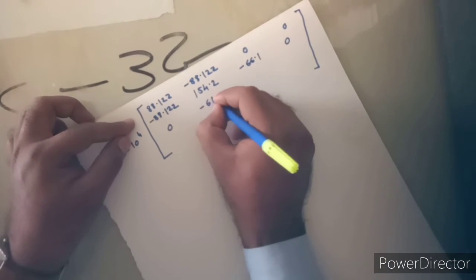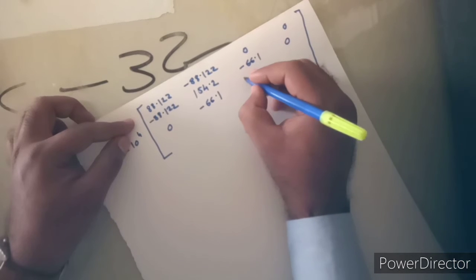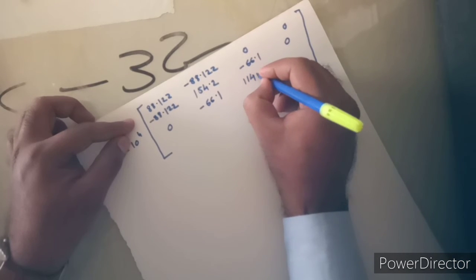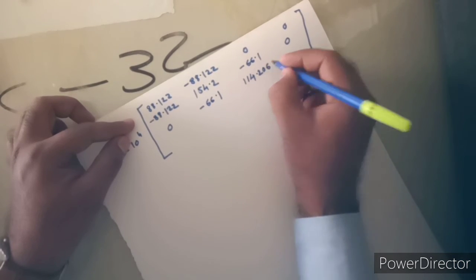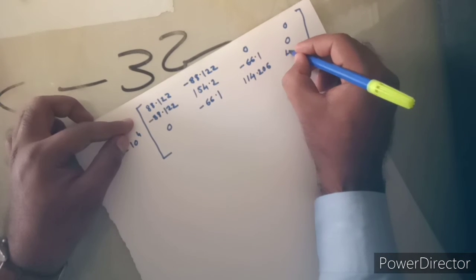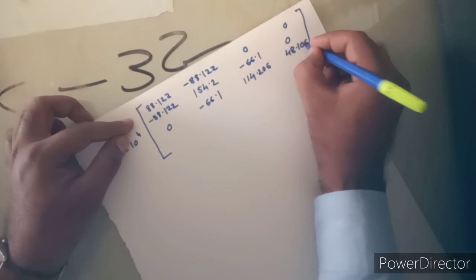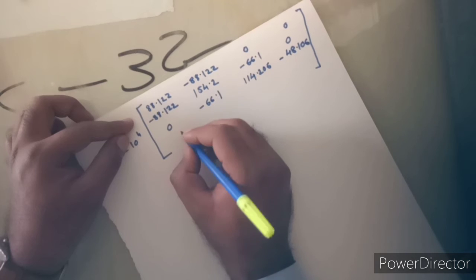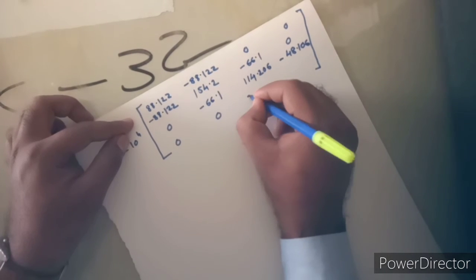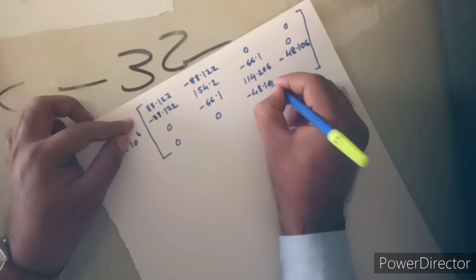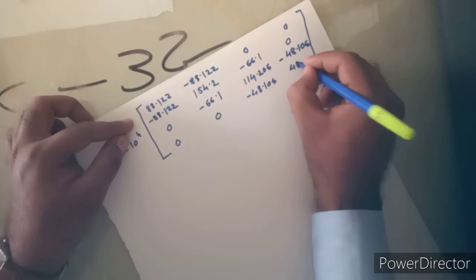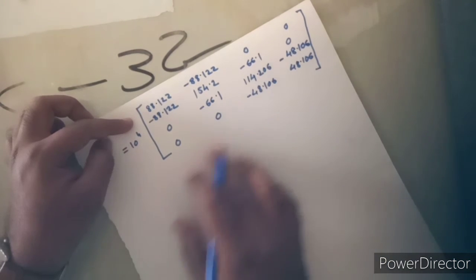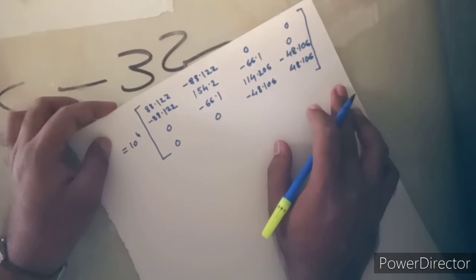Then 0, minus 66.1, 114.206, minus 48.106. Then 0, 0, minus 48.106, 48.106. This is the global stiffness matrix.